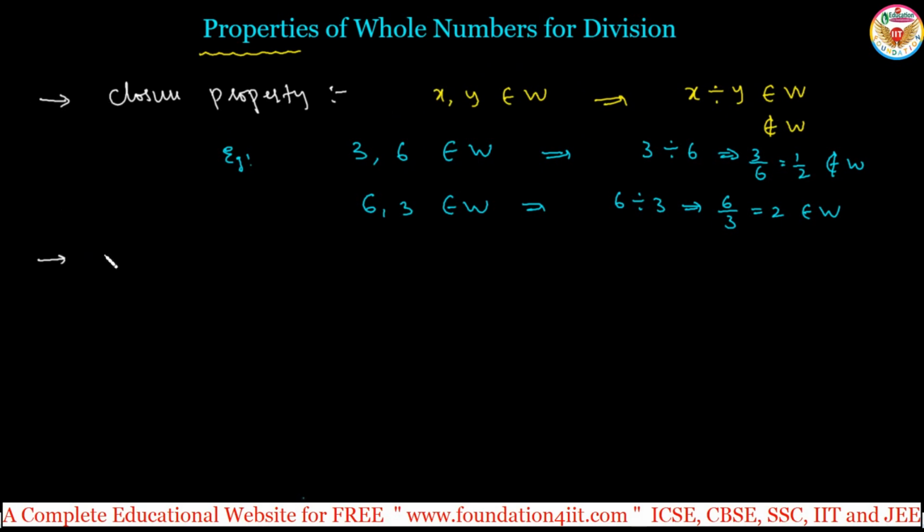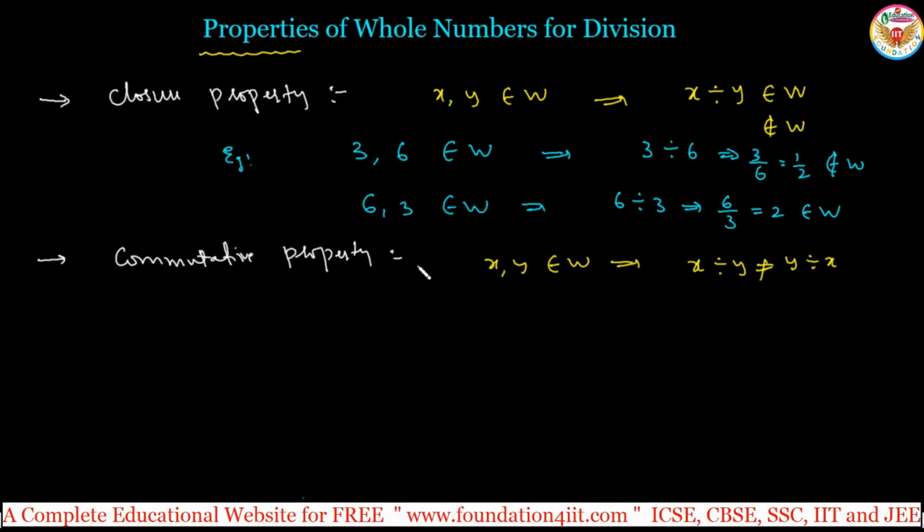And next one, commutative property. In the commutative property, if x and y are two whole numbers, x comma y belongs to whole numbers, then x divided by y and y divided by x are not equal always, right?